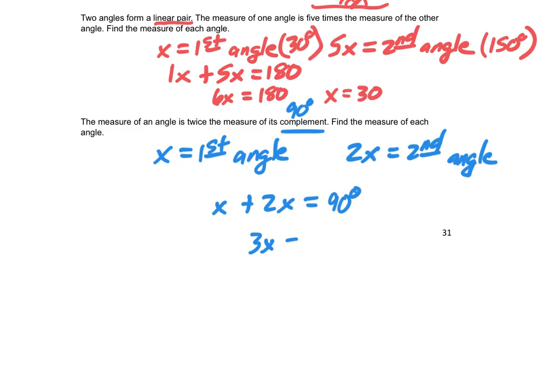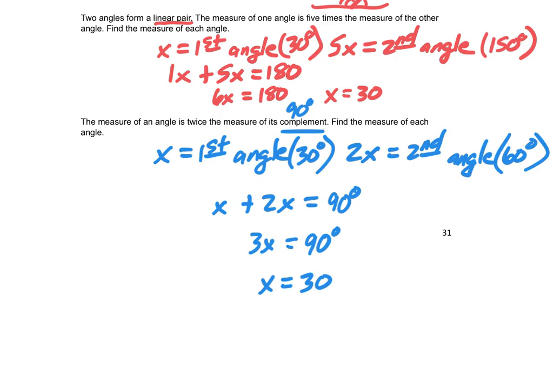Add the x's together, combine like terms, divide by 3. So if this angle here is 30 degrees, then the bigger angle has to be 60 degrees.